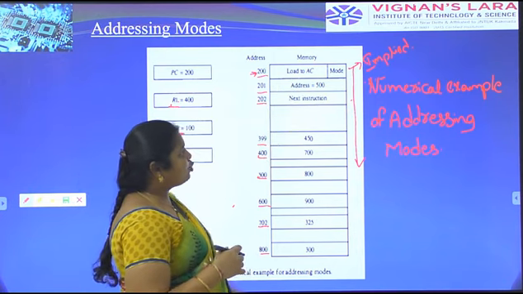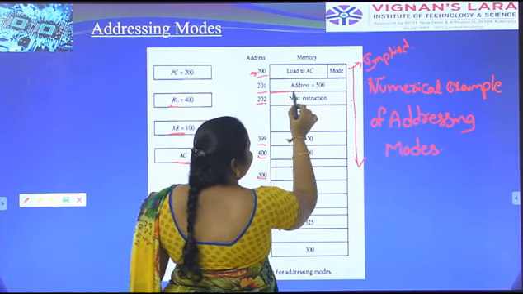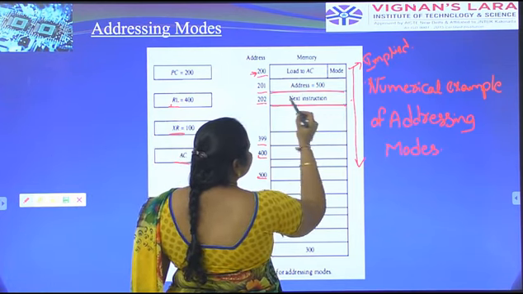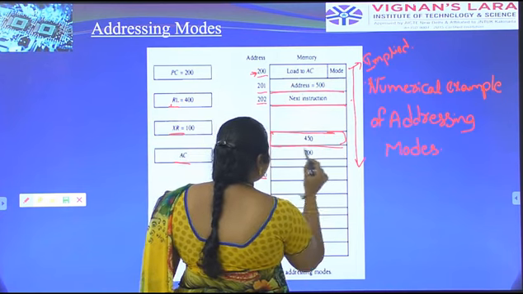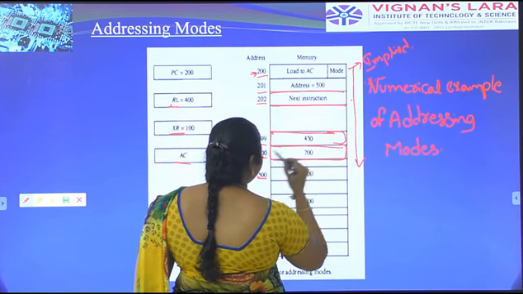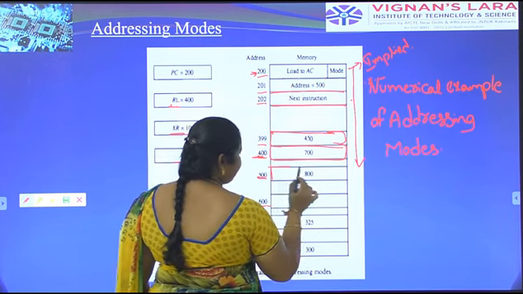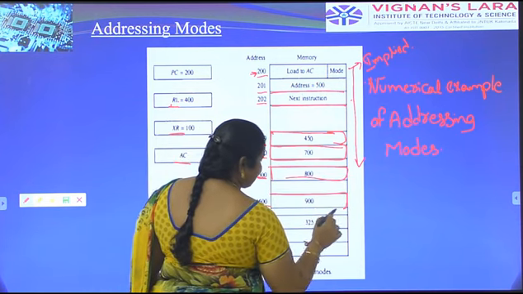Here load accumulator is placed in that mode, at the address of 500, then the next instruction, 450. For the address of 400 it is placed as 700. The address of 500 it is placed as 800. The address of 600 it is placed as 900.